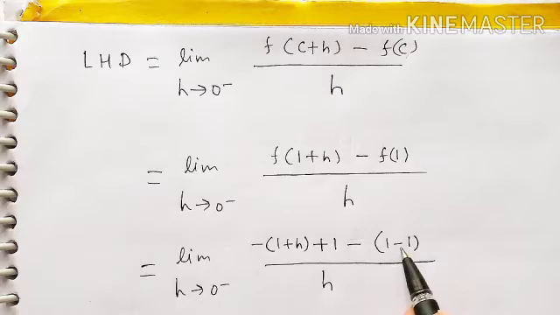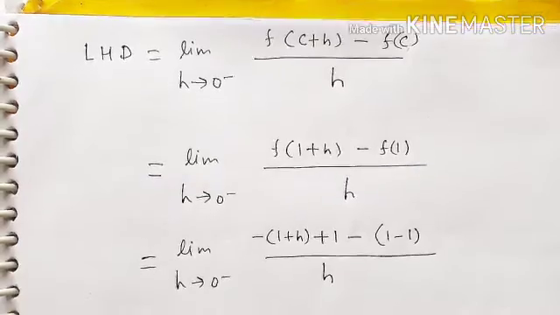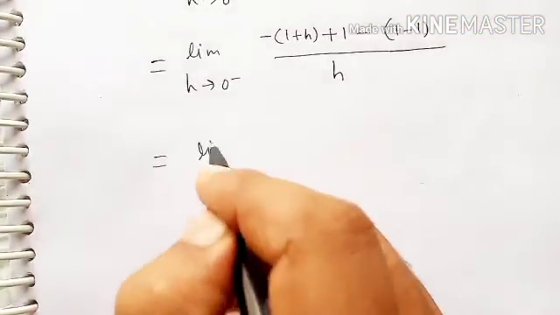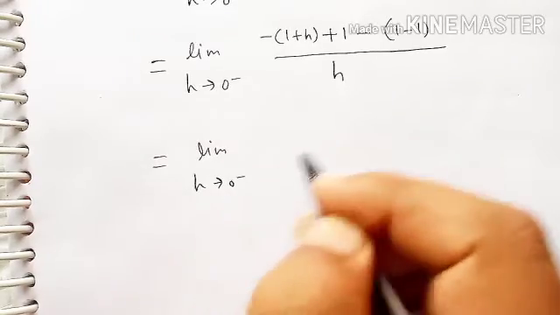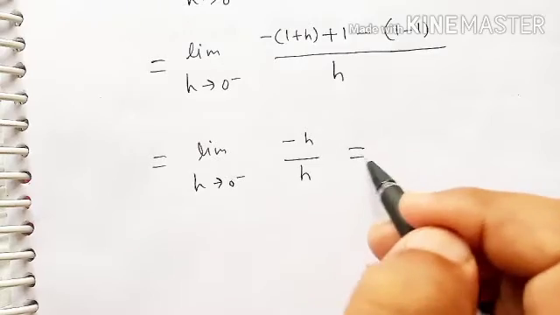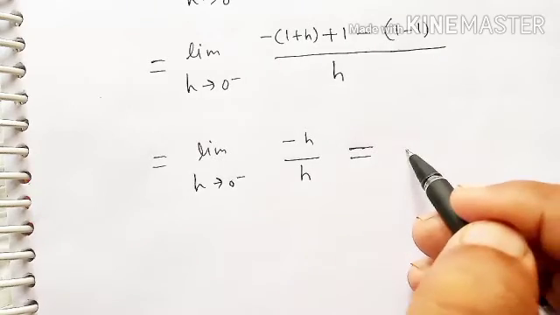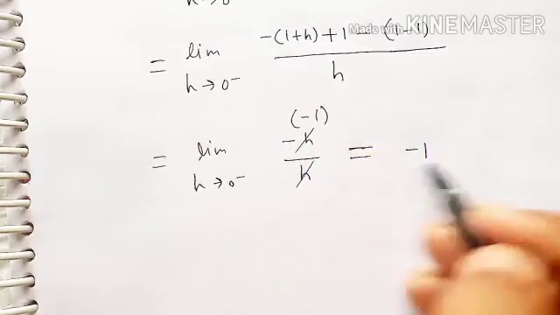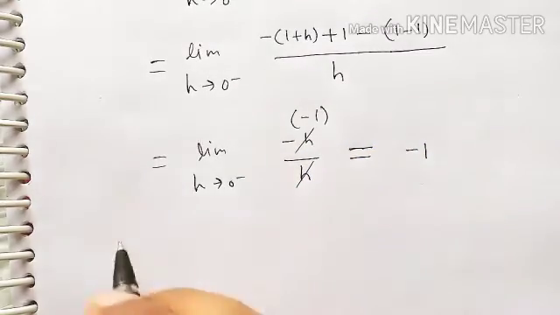Now this is 0 minus 1 plus 1. This gives us limit h tends to 0 minus of −h by h. Here we have −1. This is cancelled and we have −1. The limit is −1.